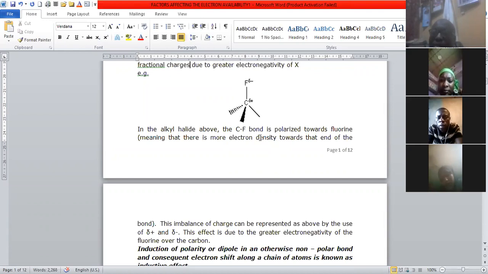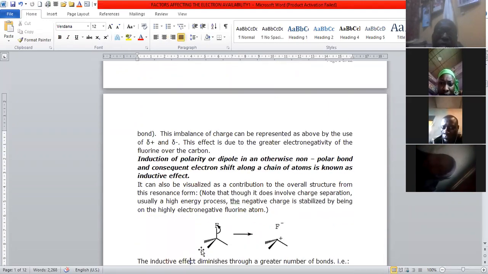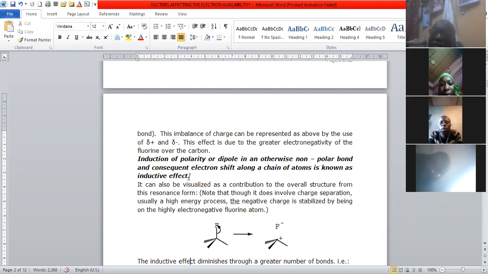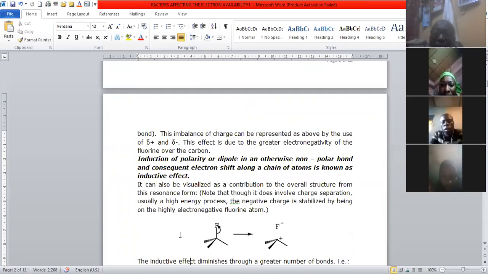In this situation, we call it the inductive effect. The definition is given here: the induction of polarity or dipole in an otherwise non-polar bond, and consequent electron shifts along a chain of atoms, is known as the inductive effect. Shifting of electrons in a chain towards a more electronegative atom is what we call the inductive effect.